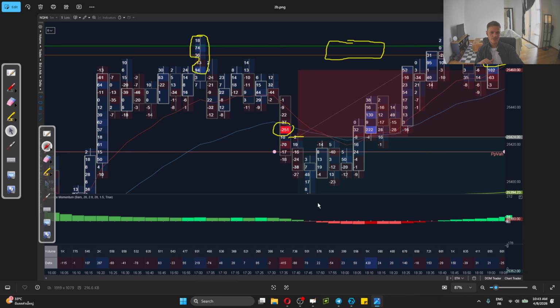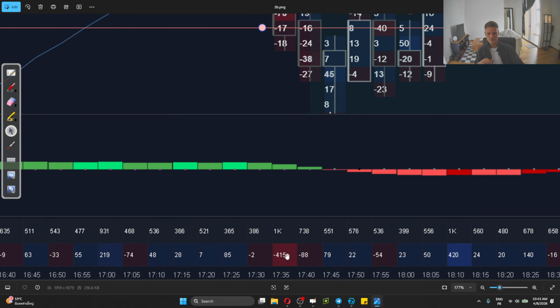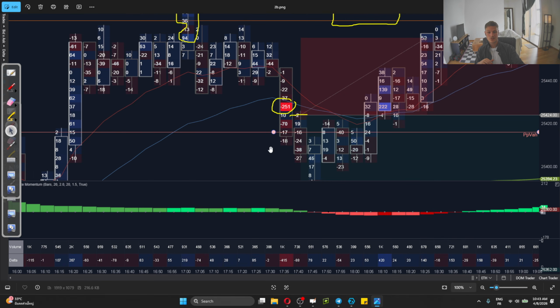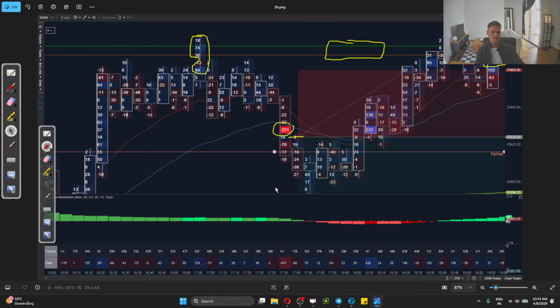Unfortunately, we didn't have any follow through. Look at the delta, minus 414 negative delta, which within a session like this, that's huge. That's more like, we're here during the London session, these are more like New York kind of numbers, right? So very good trade in my point of view.